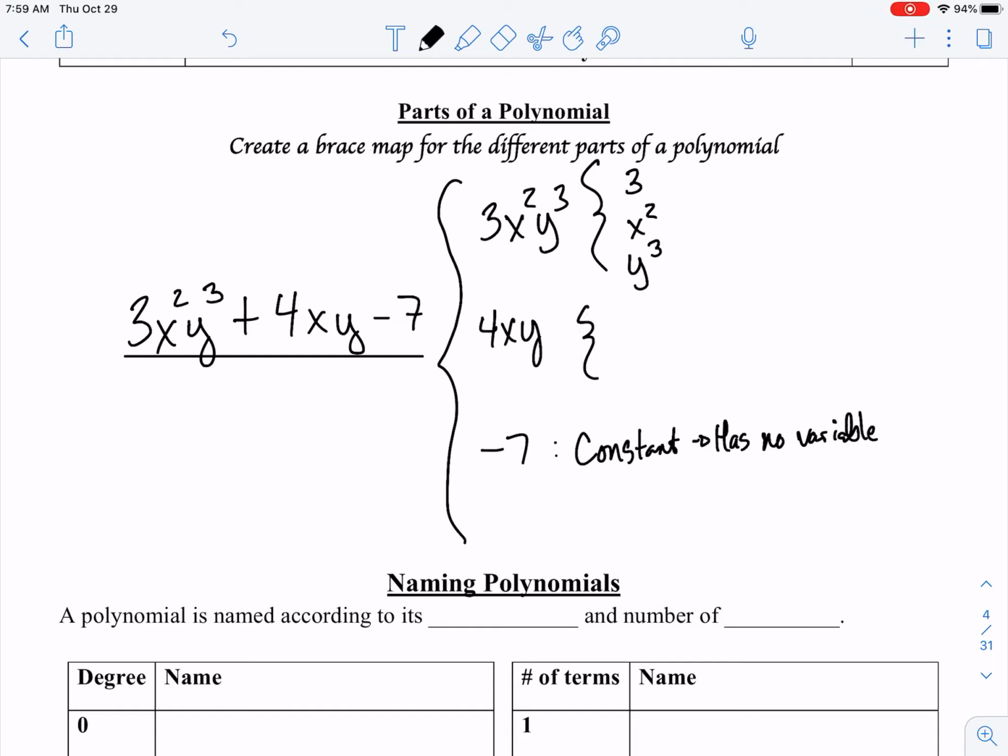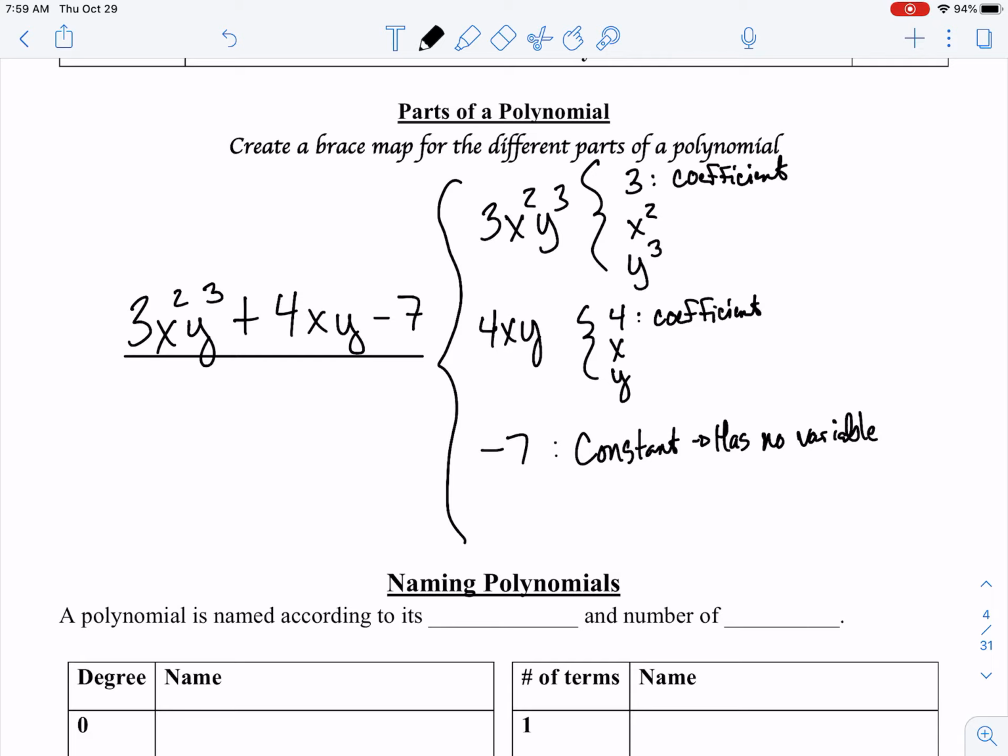And then I just like to break them apart based off of the coefficient. So the coefficient is the number without a variable, or excuse me, just a number. So that's the big part.